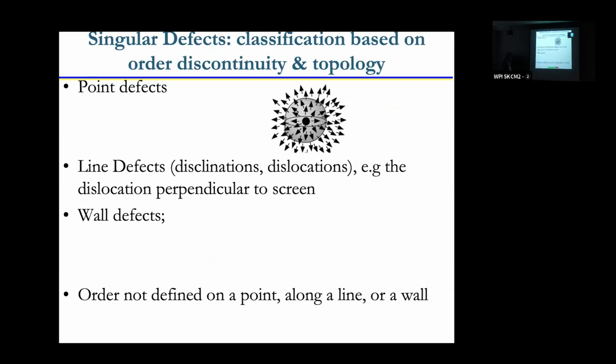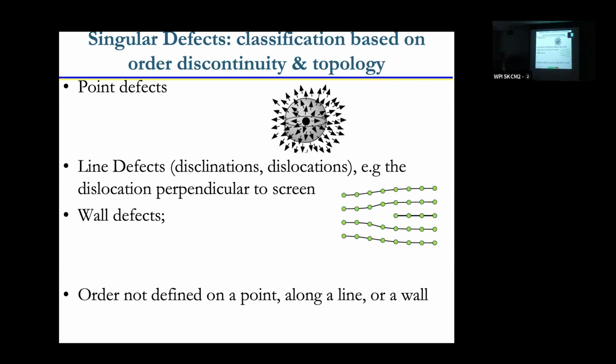We can have defects of different dimensionality, and they can be classified based on that, and therefore the general procedure of mapping that we started to discuss can be applied in slightly different ways depending on the dimensionality of these defects. When we have point defects, like the one we looked at earlier, we will be encircling them by two-dimensional surfaces.